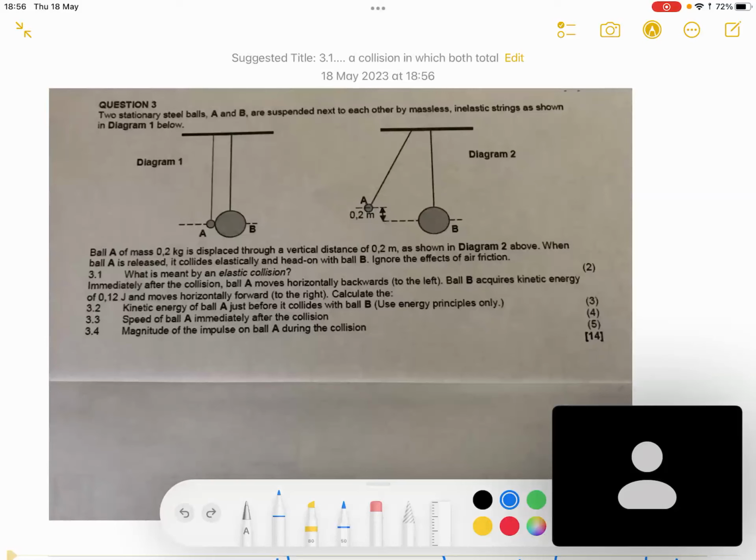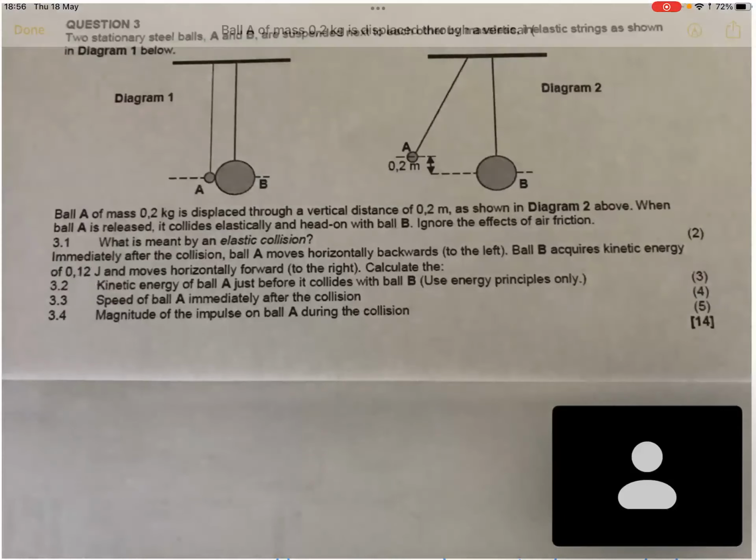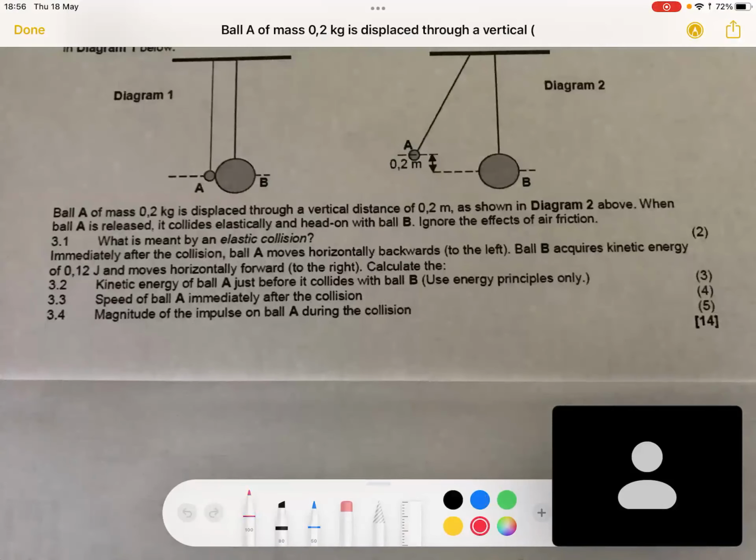It said here ball A of mass 0.2 collides elastically and head on with ball B. Immediately after the collision, ball A moves horizontally backwards.